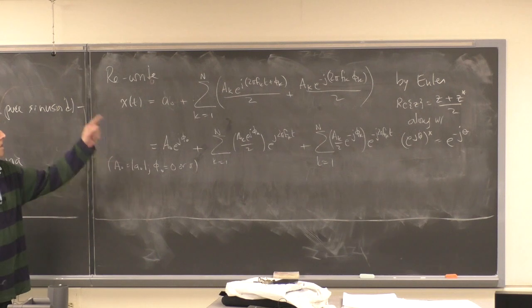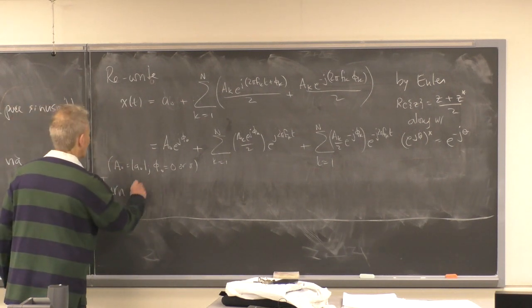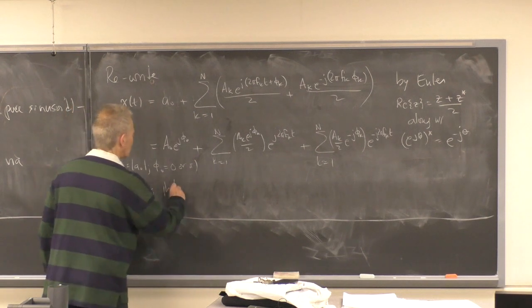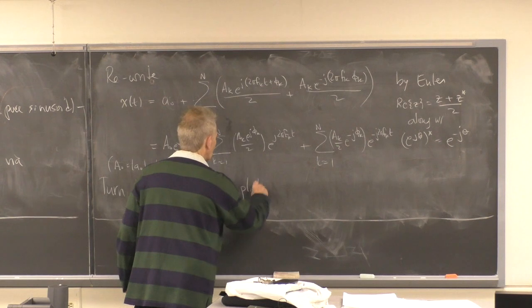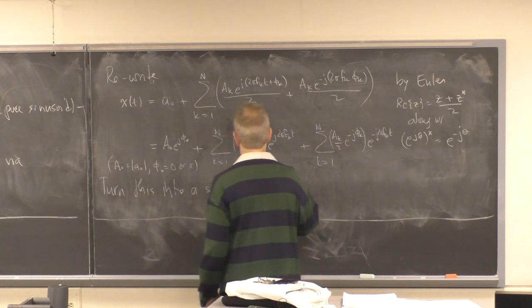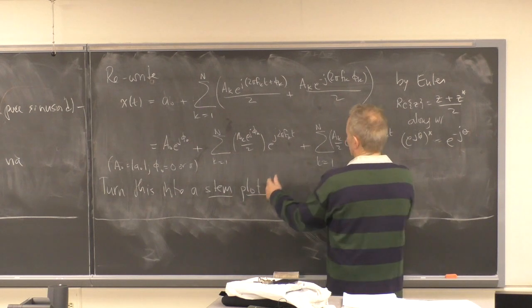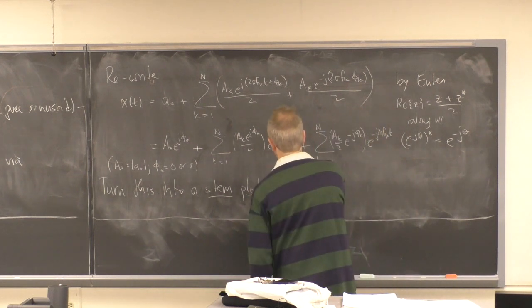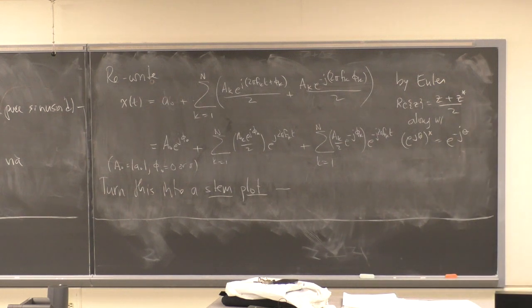And now what do we do? We take this and we turn it into a picture. And the picture we're going to draw is a stem plot. We draw f space. And remember, this is not really a graph. It's a schematic thing.